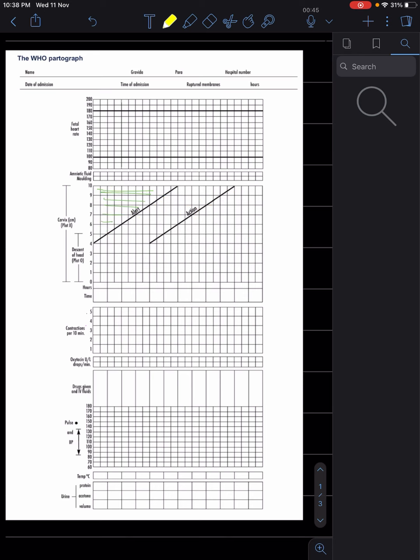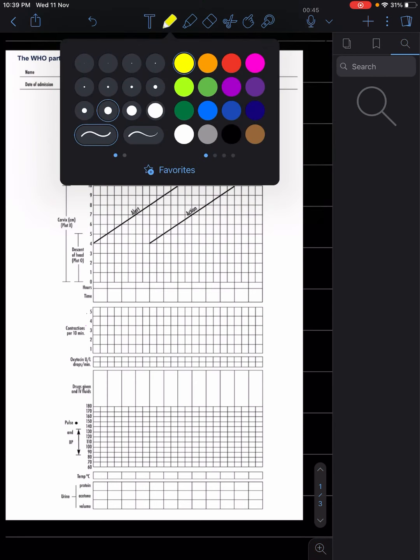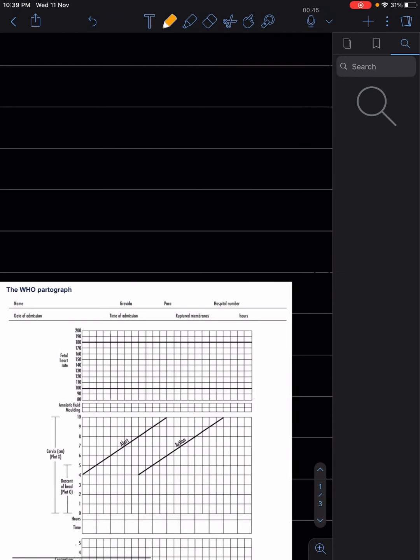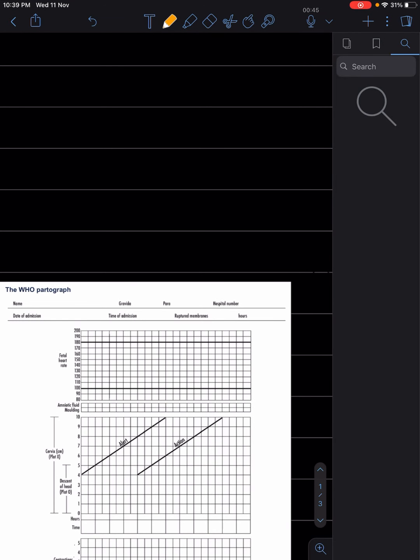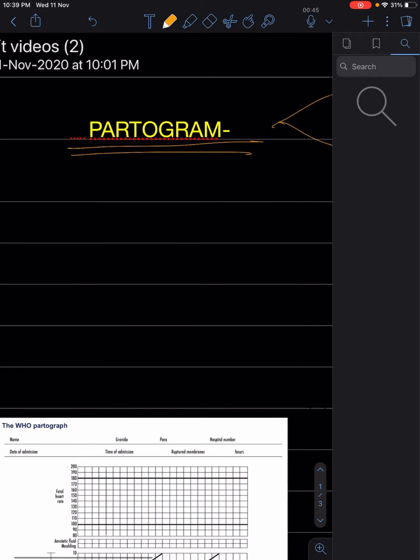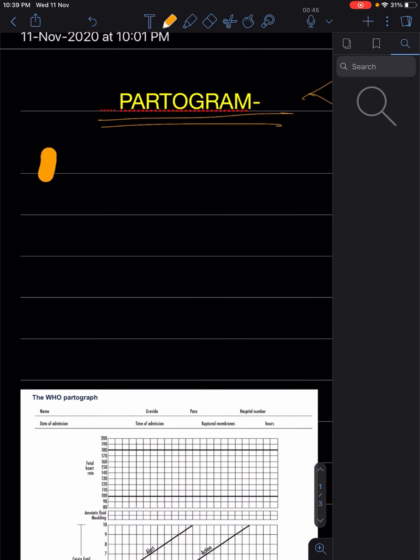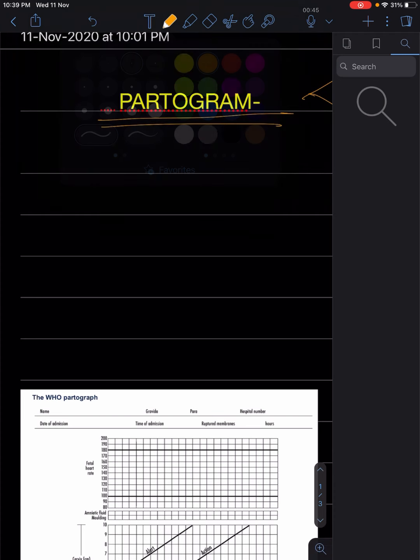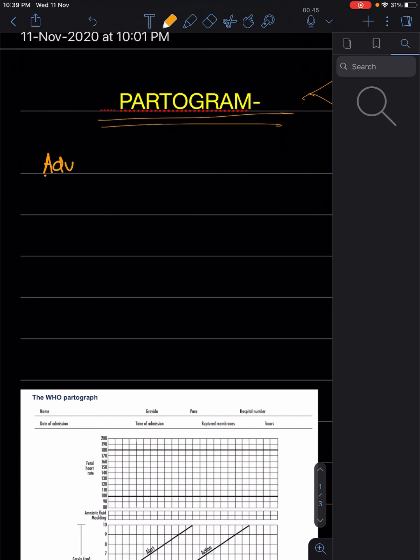Okay, so before I go into what are the components, there are one or two questions that people might ask about partogram, right? So what are the advantages of a partogram?